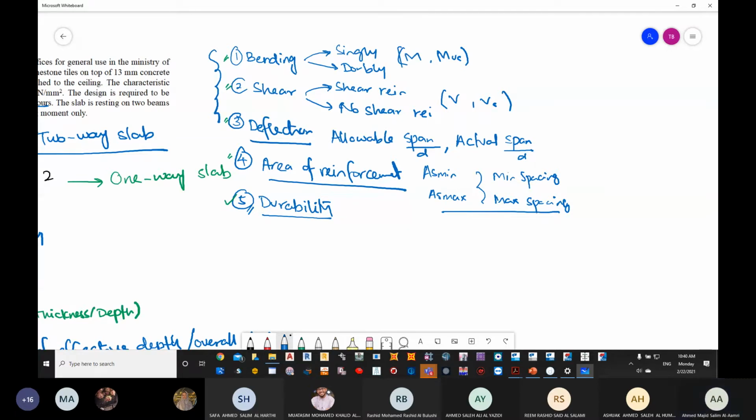Now, in slabs, normally we have it to be singly reinforced. In shear as well, you used to have links only in beams. We don't use to have links in slabs. It means that normally we don't have shear in slabs. If it's singly reinforced, it means the loading is not that much, which will cause a lot of bending or a huge bending. So the bending is less, and then shear is going to be less as well. What about deflection?